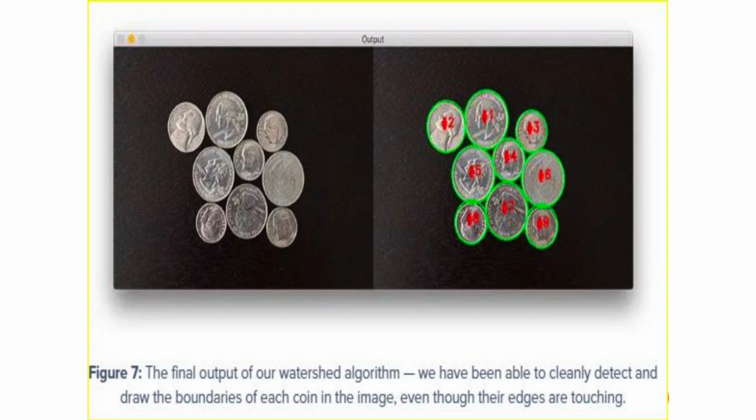Now, in this image we can see the input image of overlapping and touching coins. Here, we cannot extract each and every coin as an object by local thresholding or adaptive thresholding methods.